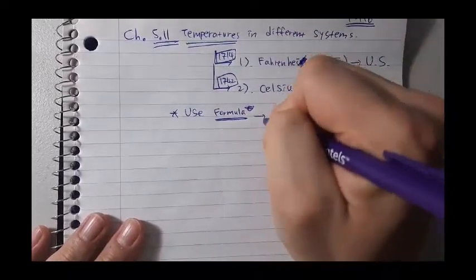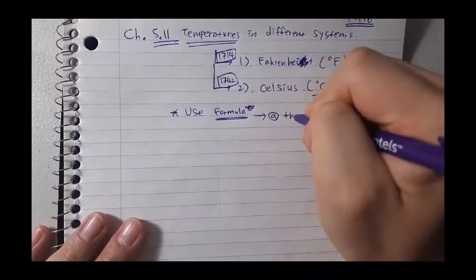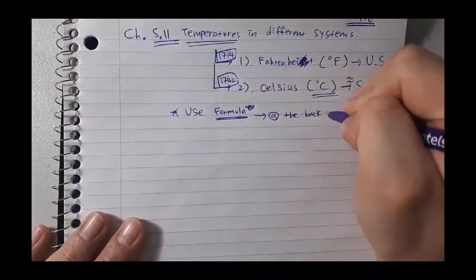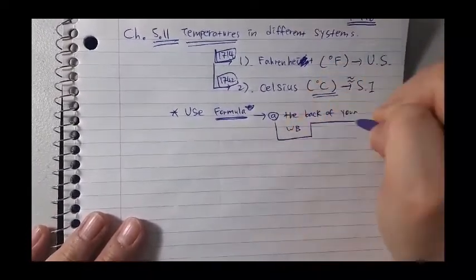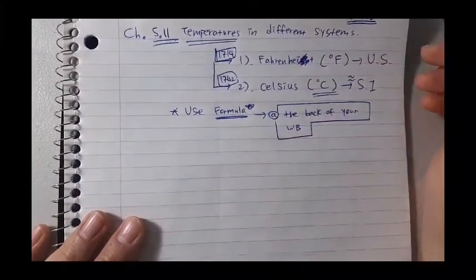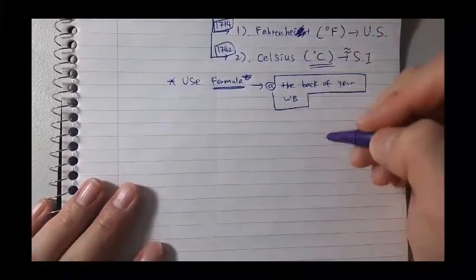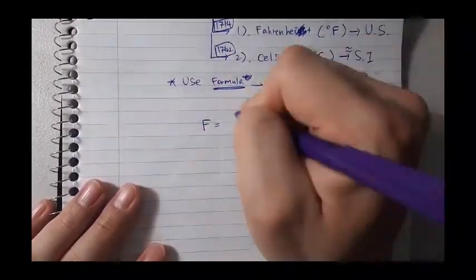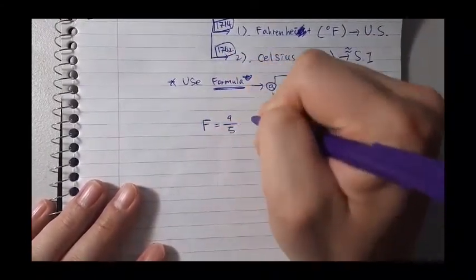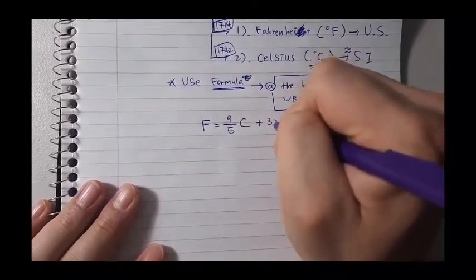This is also given to you at the back of your workbook. It is available. In fact, it's located at the very bottom. So I'm going to write down the formula first of all. F is equal to 9 over 5 C plus 32.